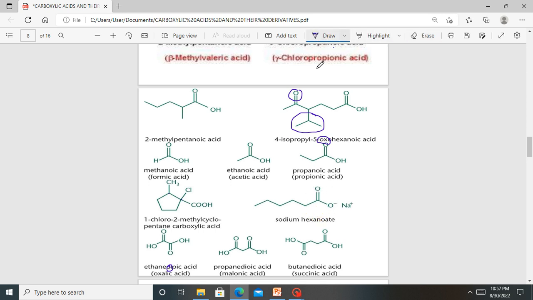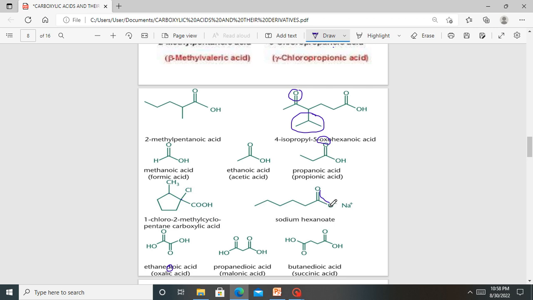A conjugate base is formed whenever a base takes a hydrogen from a carboxylic acid. When this one assumes an ionic form, there is a delocalization of electrons between this oxygen and here. The distribution of electrons between these oxygen atoms around the central carbon is what we call resonance, or mesomerism. So resonance and mesomerism are synonymous.